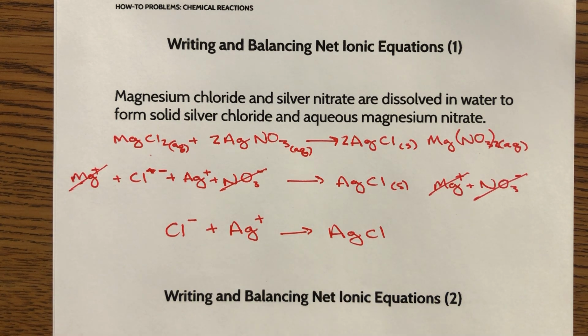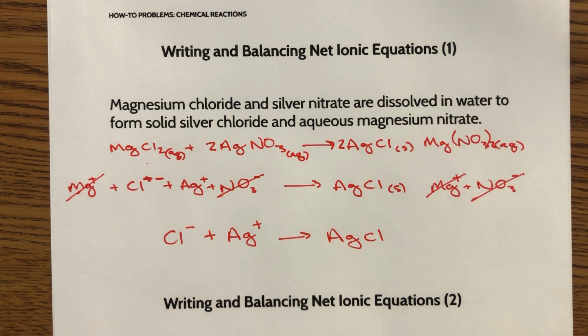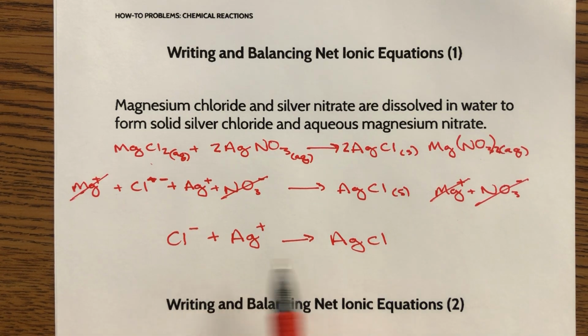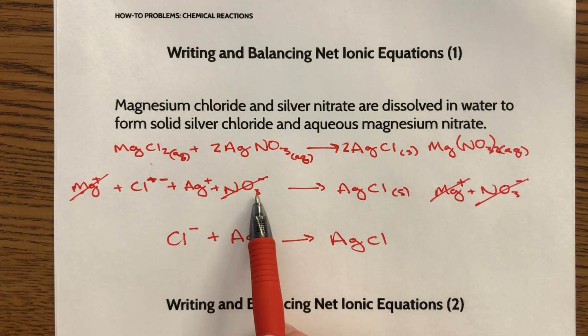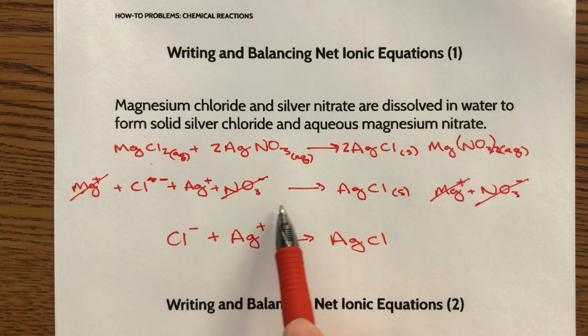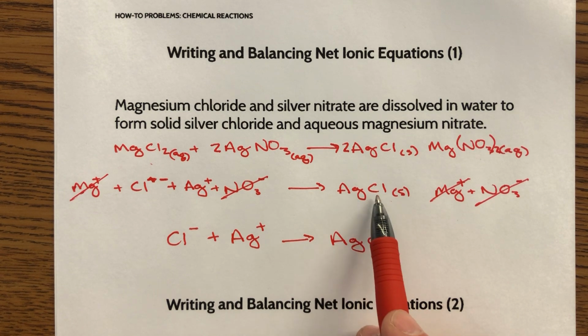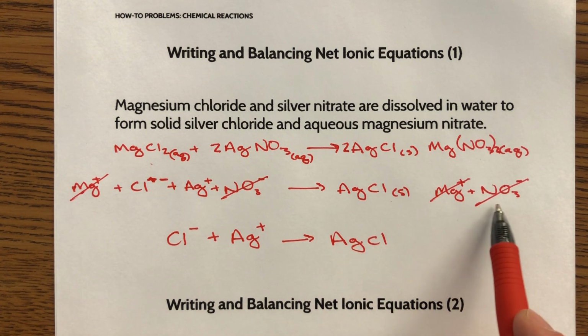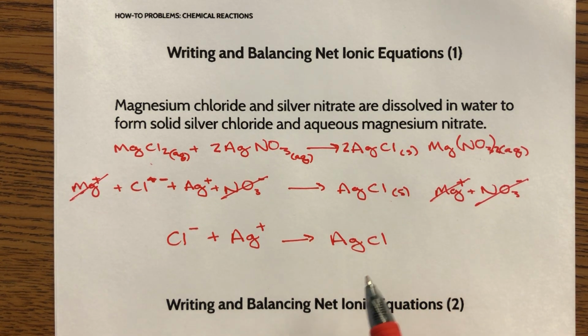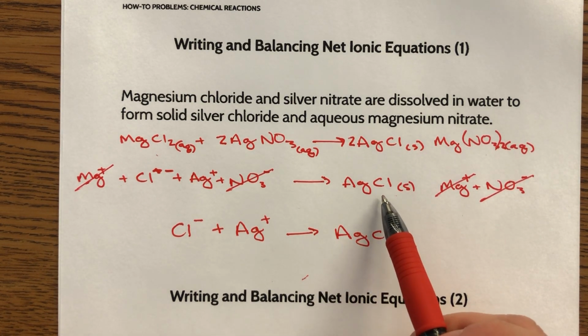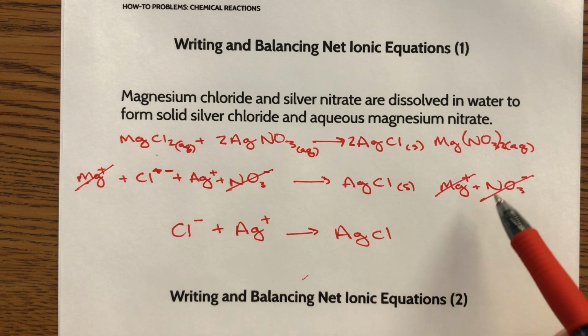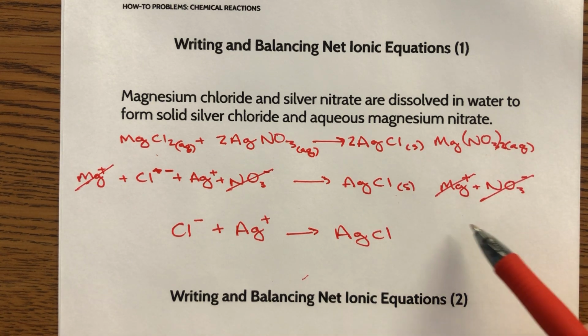And that's it for this first reaction, because this is showing you the net ionic equation. This is the complete ionic equation. We're showing everything in its aqueous form, and when it combines, silver and chlorine form a solid, and magnesium and nitrate stay in solution. Your next question should be, why did silver and chlorine form a solid, and why did magnesium and nitrate stay in solution?